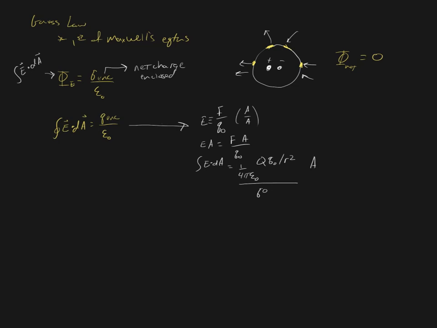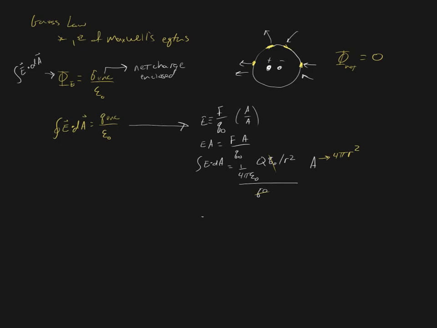So some of this cancels out. Q naught goes away, for example. The area can be redefined for a point charge. We're going to use point charges here. The area is the area of the Gaussian surface, and that's going to be a sphere. And so the area is equal to 4 pi r squared.